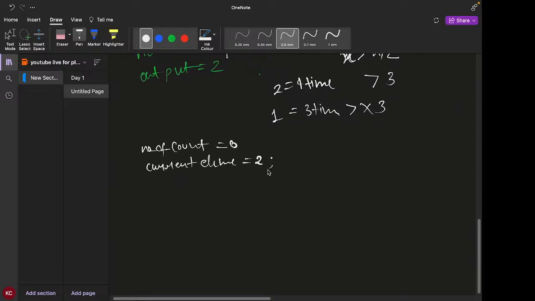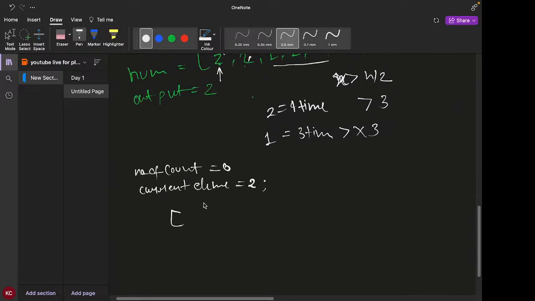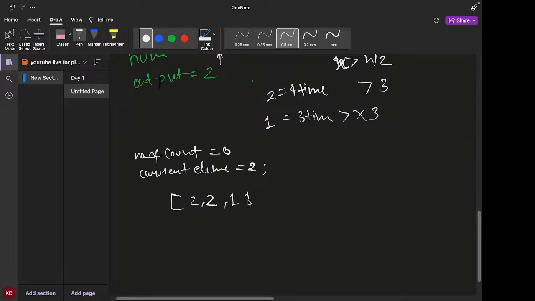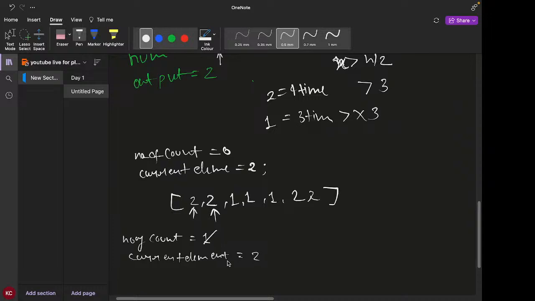Then if I have the array 2 2 1 1 1 2 2, at the first position the count becomes 1 and the current element is 2. Again I move to the next: I got 2 and the current element is also 2, so I increase its count.